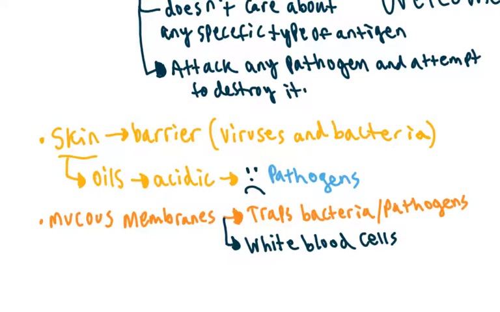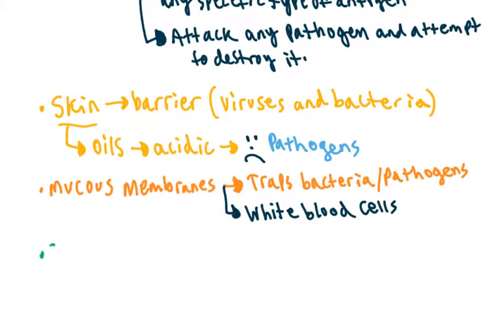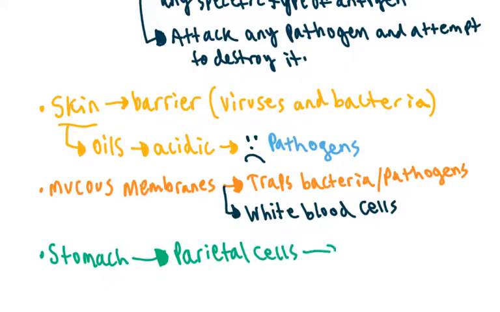Another part of the non-specific slash innate immune system is your stomach. Your stomach is actually a beast. It is a very harsh environment because, as we know, the parietal cells along our stomach secrete hydrochloric acid, and hydrochloric acid is a very strong acid.